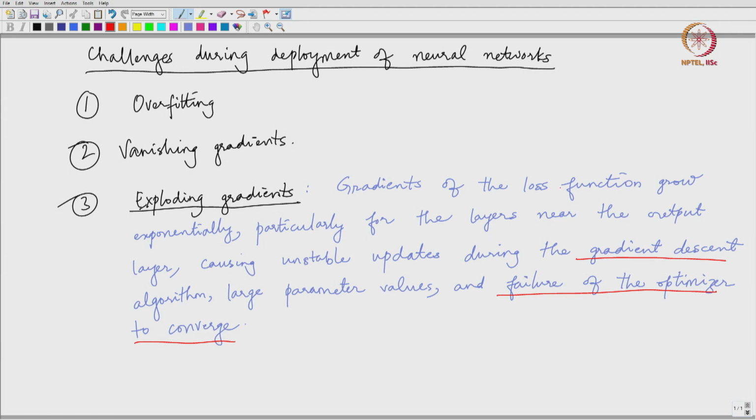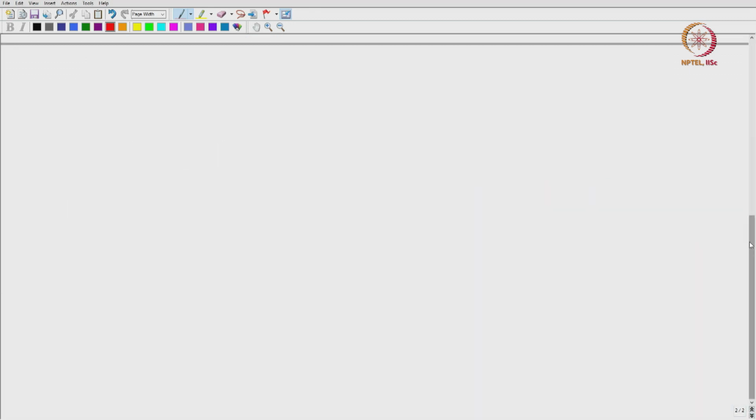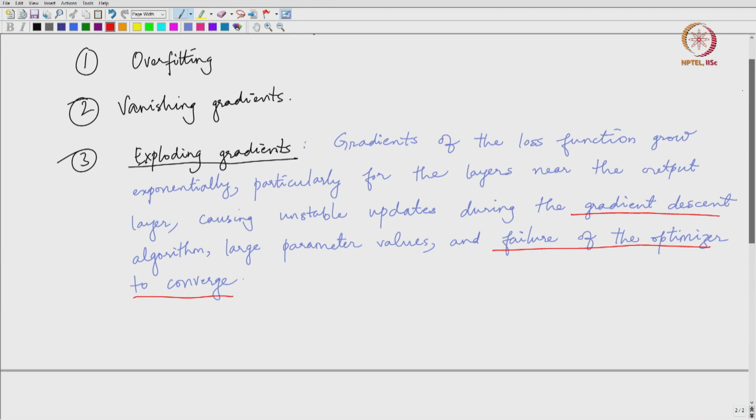Obviously if the gradient descent algorithm fails to converge, then you will not have the parameters that you will need for deploying the neural network model, and this therefore is a prominent issue. The solution to this problem is something known as gradient clipping.